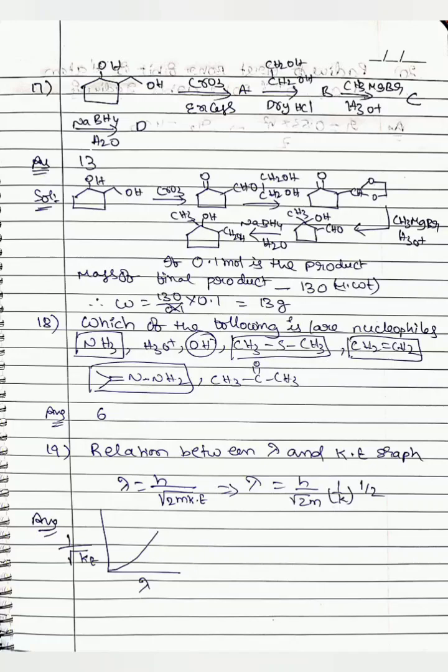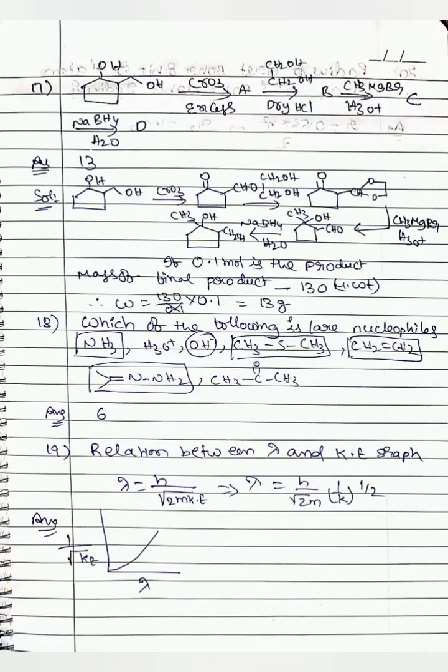Once aldehyde is formed, by ethylene glycol we get the addition product here, and thereby with Grignard's reagent you get again the alcohol and the CHO with NaBH4, which readily converts the aldehyde into primary alcohol.